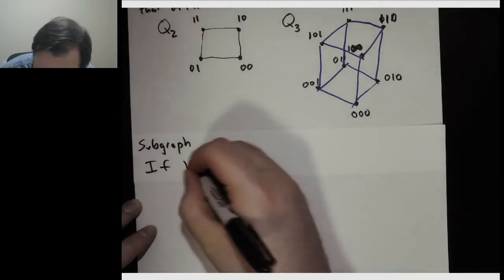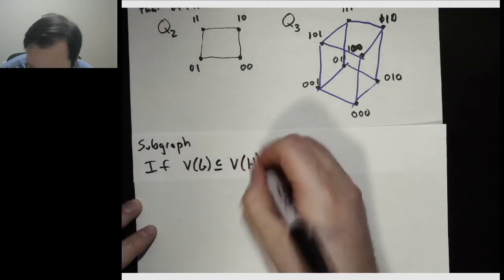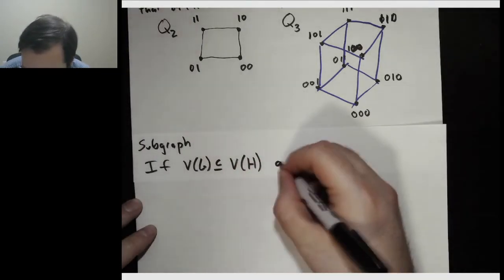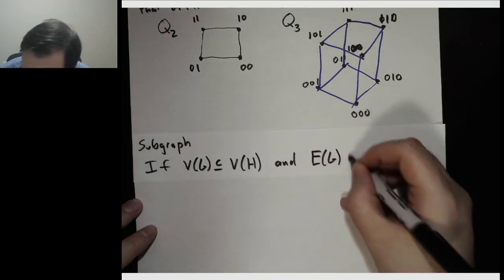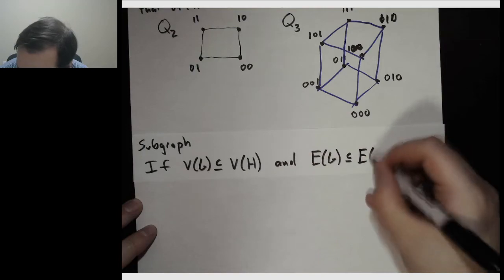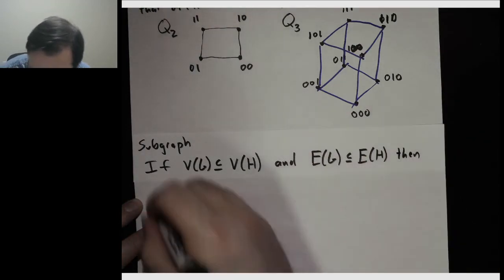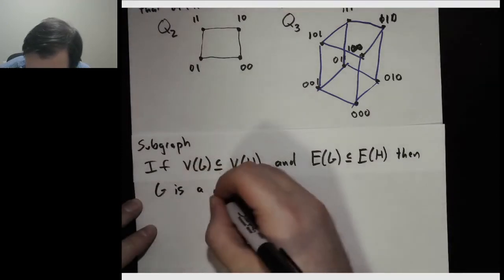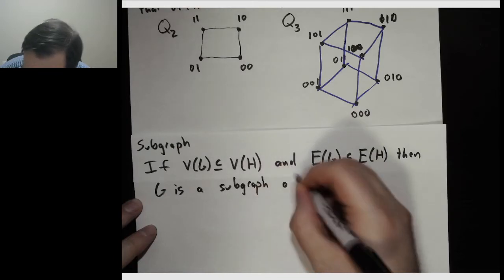If the vertex set of one graph is a subset of the vertex set of another graph, and the edge set of one graph is a subset of the edge set of another graph, then G is a subgraph of H.